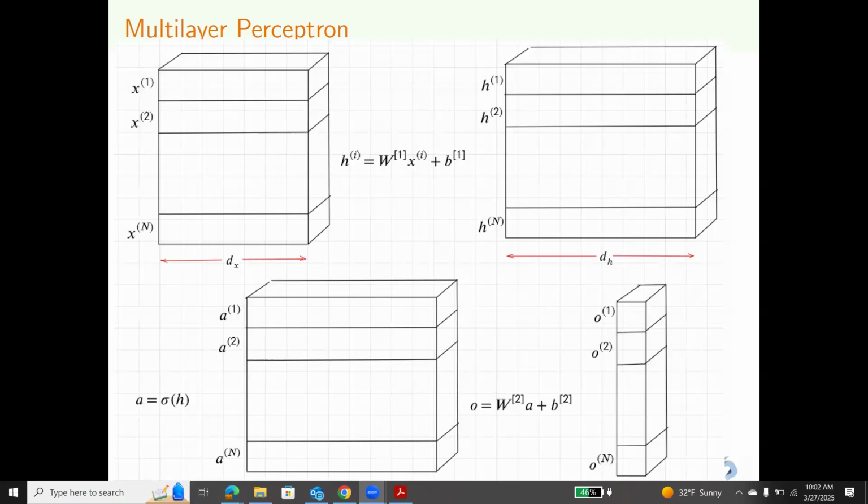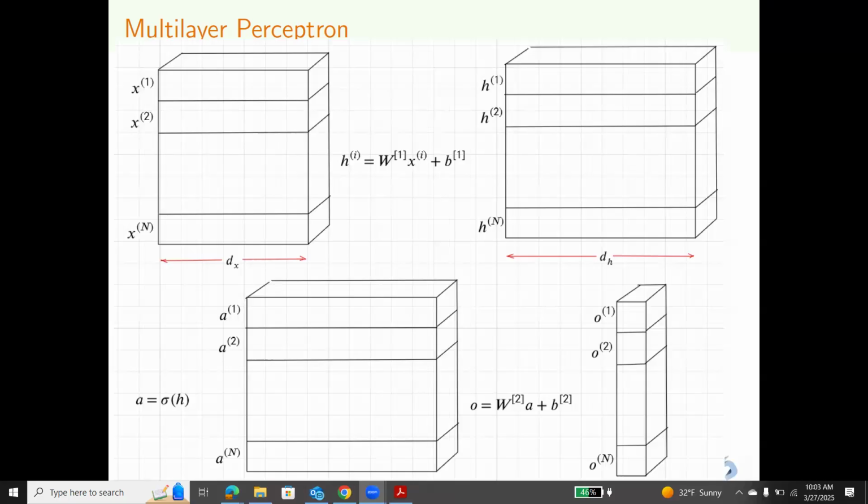In other words, our matrix has shape dh times dx. And b, what is the shape of b? Dx or dh? Exactly the same as h. b has the shape of h.